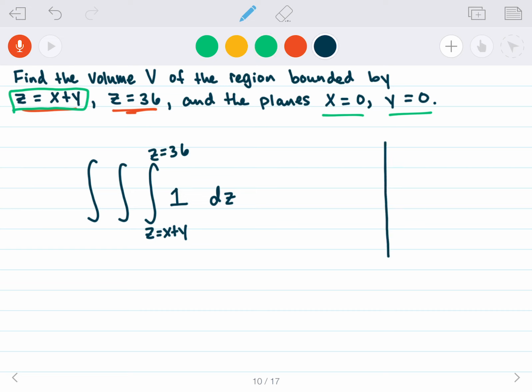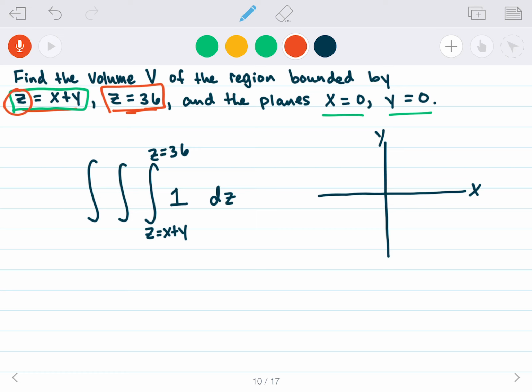What do we know about being on the xy plane? Well, we know that z is fixed. We know that z is fixed when we are on the x and y plane. So here we're given this z value is 36.